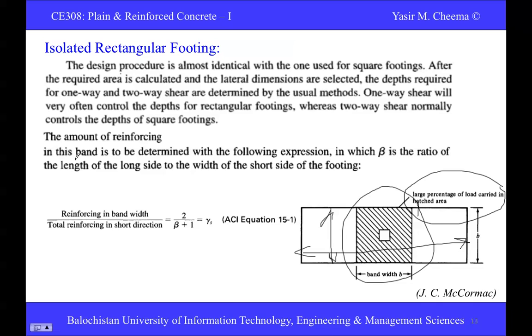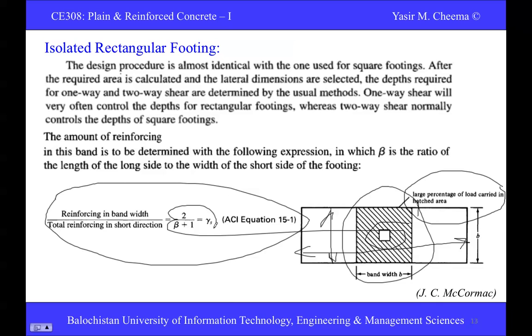The amount of reinforcement in this band is determined with the following expression, that's the ACI 15.1 equation. Using this, we determine how much steel to provide in this area for the longitudinal direction.